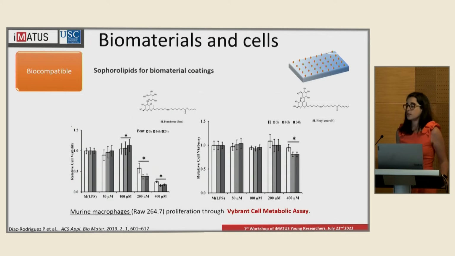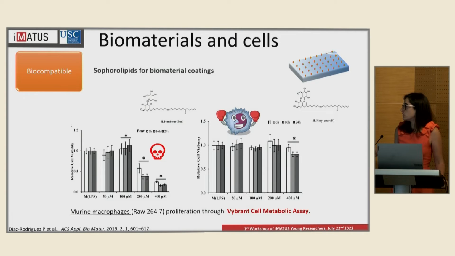So we start with biocompatibility. This is an example. We meant to develop coating materials for metal implants using new glycolipids, which are called sophorolipids. We had a bunch of molecules with different structures, and the initial test was, okay, which one should be the one? So what we did was culture our cells, in this case macrophages, with the different molecules.